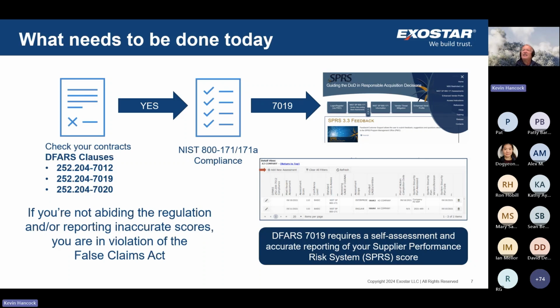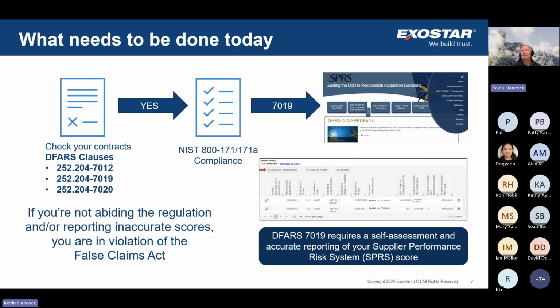If you've got the 7019 clause, then you should have done a self-assessment based on the NIST 800-171 alpha. That's the assessment guide. It gives you a scoring system around each of the individual controls, which then gives you a numeric score of how you're doing around compliance. You then need to take that numeric score and enter it into the supplier performance risk system.